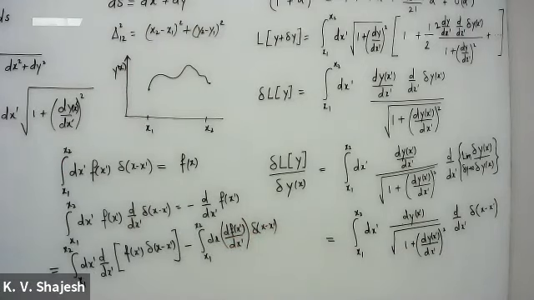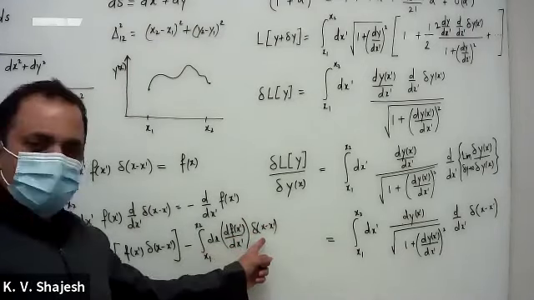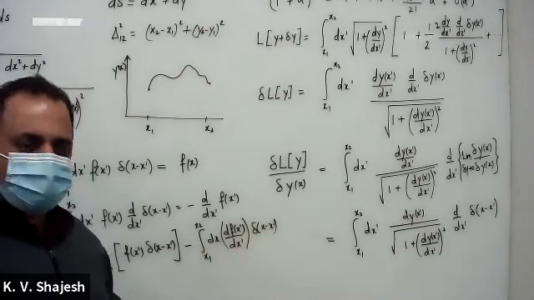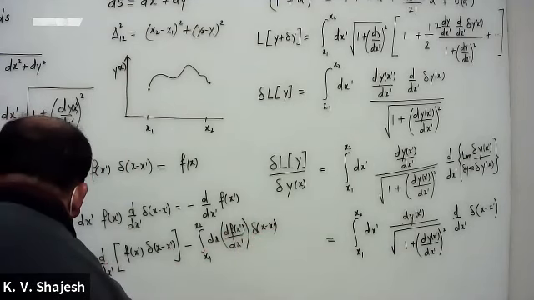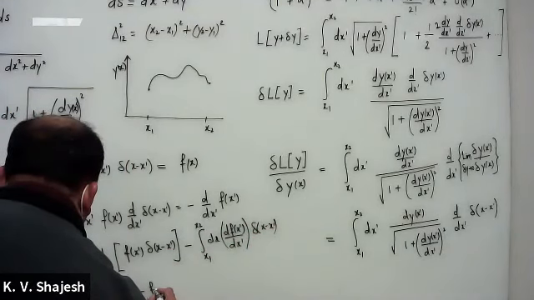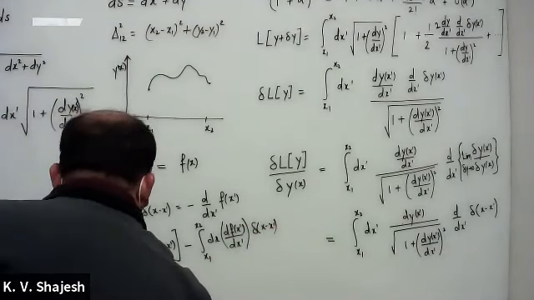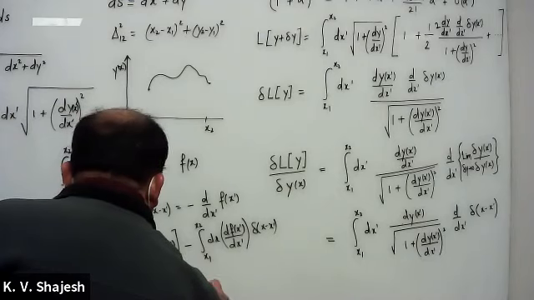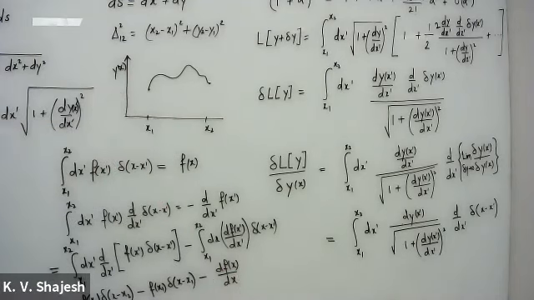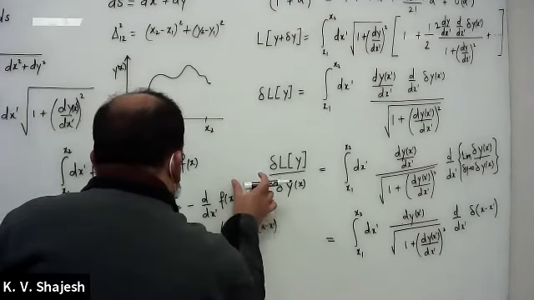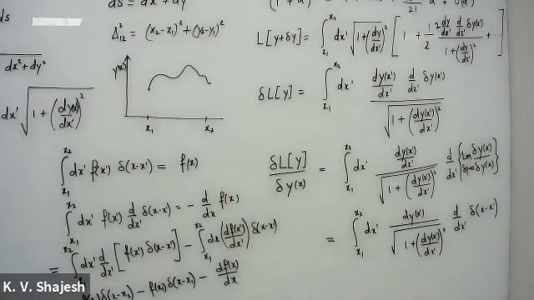Now, this integral we know because this is a delta function, pure delta function, right? It's not a derivative. And this one contributes only at the boundary. This is f of x2 delta of x minus x2 minus f of x1 times delta of x minus x1 minus the derivative of f with respect to x. Is that clear? Oh, this was not prime, right? This was only x because prime is integrated.